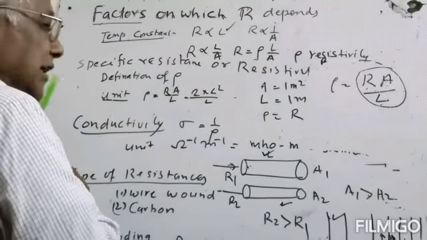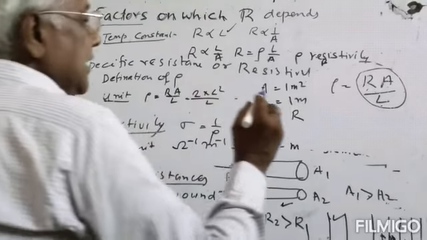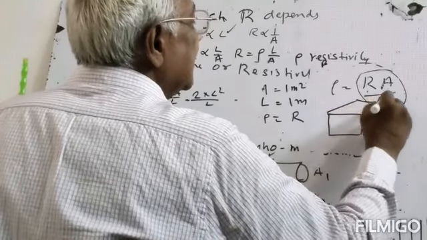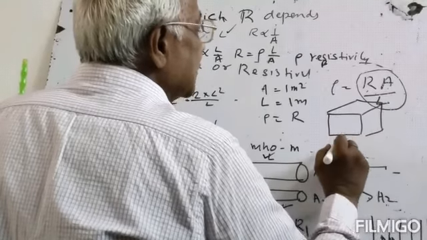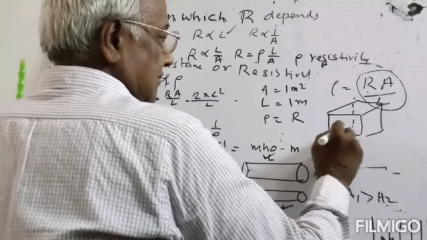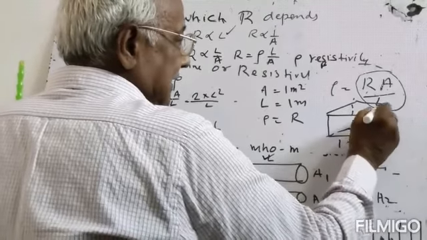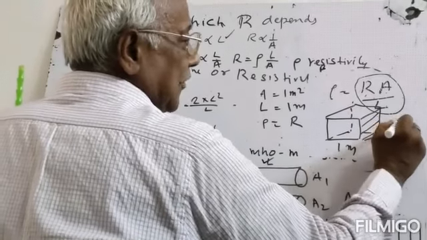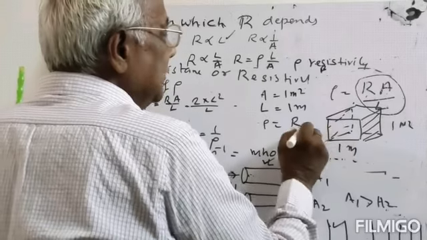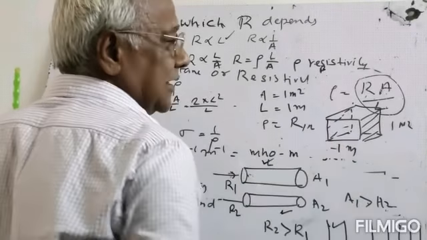Similarly, we can also define it if we take a cube. We take a cube whose side is 1 meter. Then this area of cross section is 1 meter square. This area of cross section is also 1 meter square. This length is 1 meter.